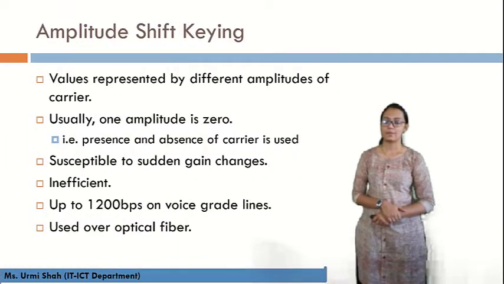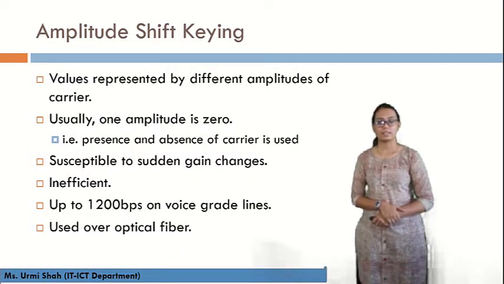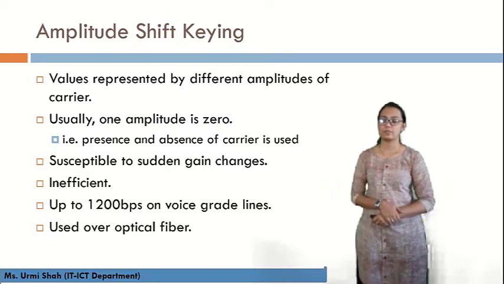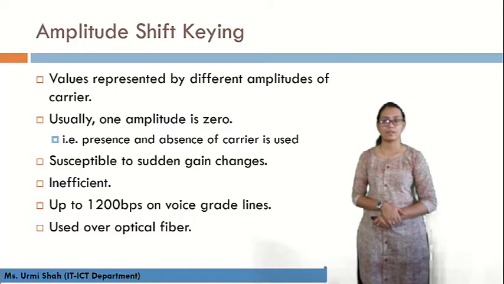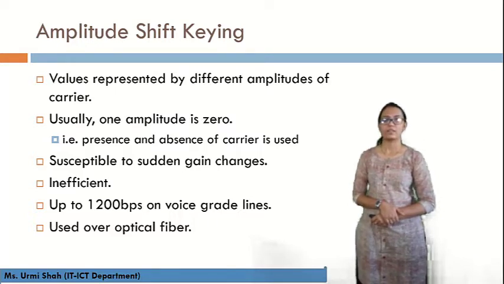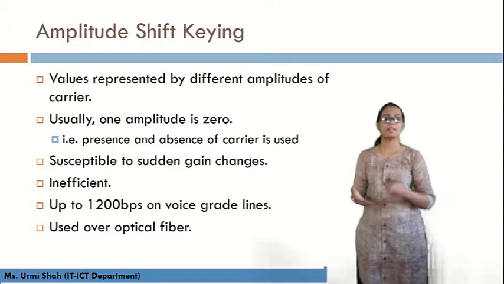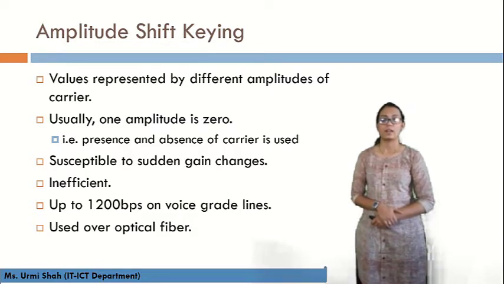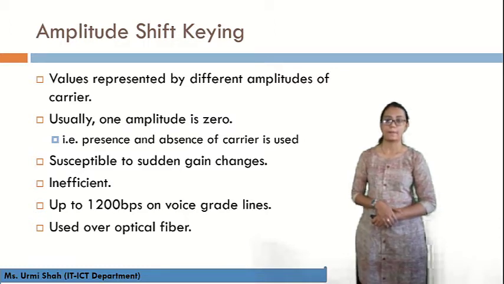Basically, amplitude shift keying is nothing but variation of amplitude keeping the phase and frequency parameters constant. In ASK, the values are represented by different amplitudes of the carrier. So basically, the carrier is varied in accordance with the message signal, and in carrier variation, we have amplitude variation keeping frequency and phase parameters constant.